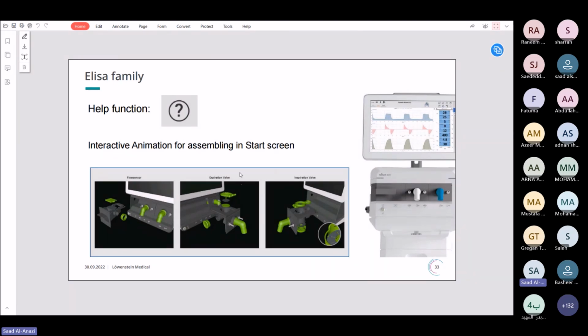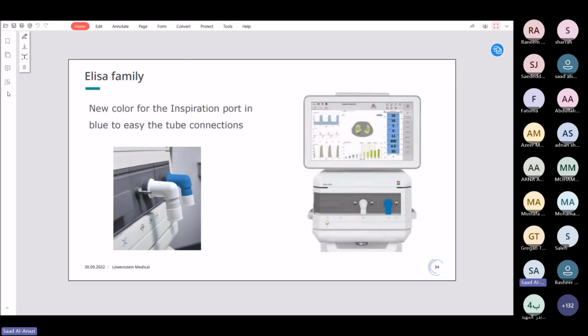This one helps the end user not consume many accessories, and also helps the accuracy of the measurement for the ventilators. Here, as you see in the ventilators, we have a new color.